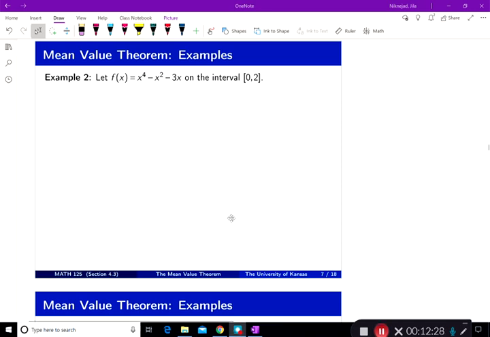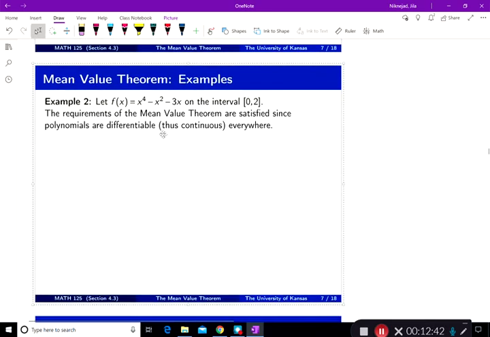Now look at this problem. It again satisfies the mean value theorem, and I want to know if I can find this c also or not. So again, polynomial, continuous, differentiable.